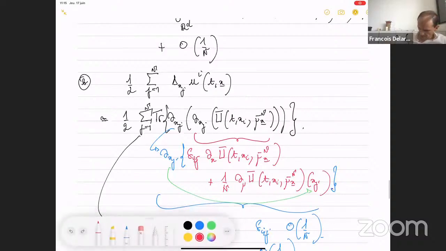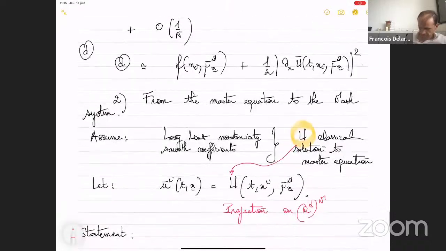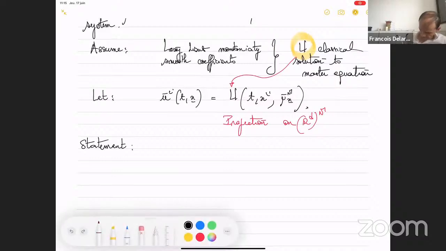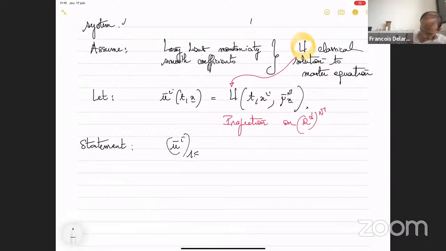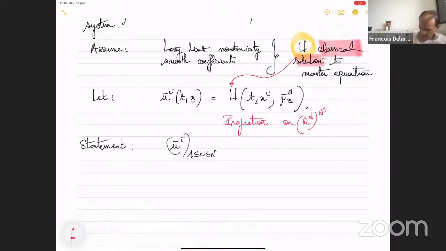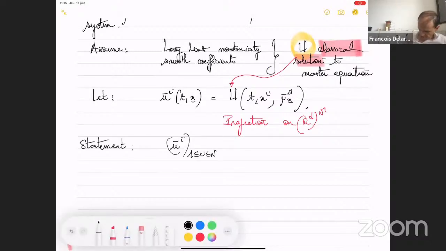And then I'm going to get at the end of the day that U underline is almost a solution of the Nash system. So the statement is that I need U to be smooth. The fact that this is a classical solution is absolutely needed. So I really need this. And now this is my claim.